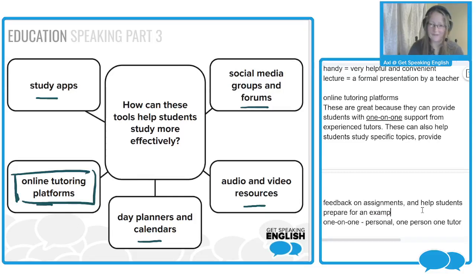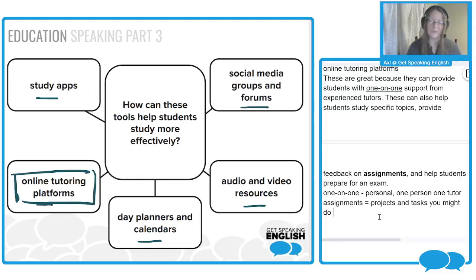Assignments might be little projects and things that you need to do as part of a course, for example. Also at work, it's common to have various assignments and projects. Anything that you are assigned or told to do is kind of an assignment. So, really great.